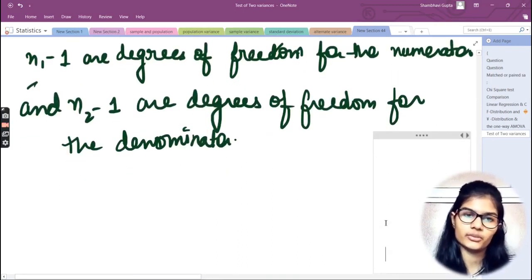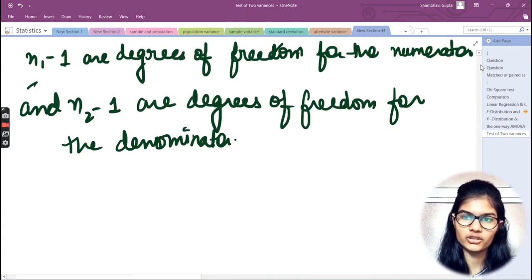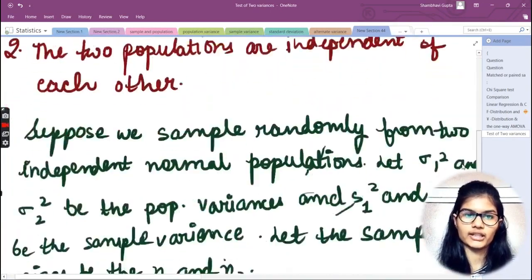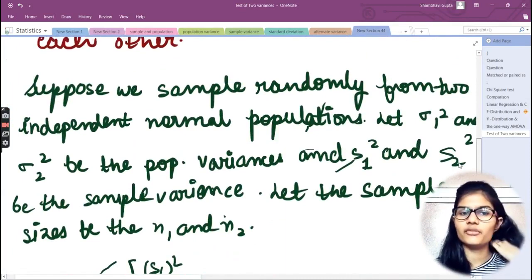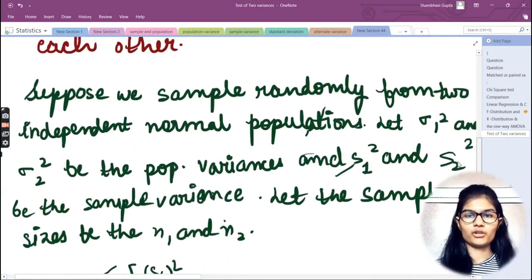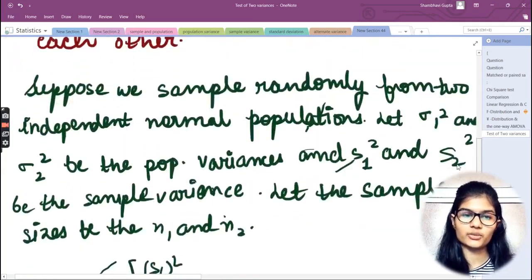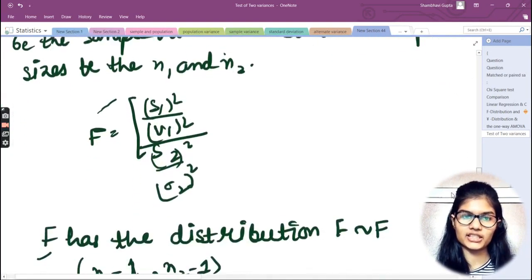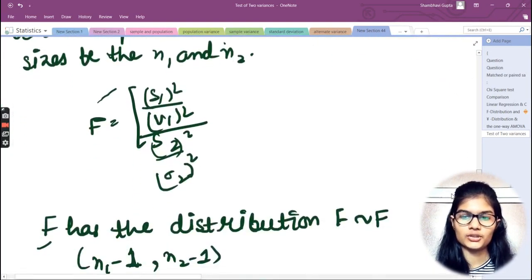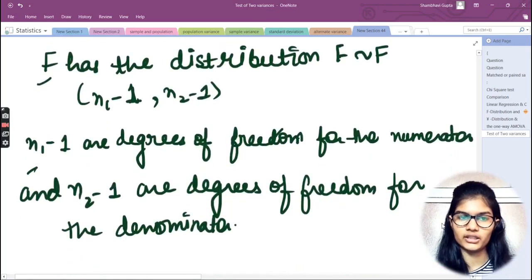So hope I am very clear with all of those things I have mentioned. Let me give you an idea again. We have taken an example: suppose we sample randomly from two independent normal populations. Let sigma 1 square and sigma 2 square be the population variances, and S1 square and S2 square be the sample variances. Let the sample sizes be n1 and n2. So F is equal to S1 square upon sigma 1 square, upon S2 square upon sigma 2 square.